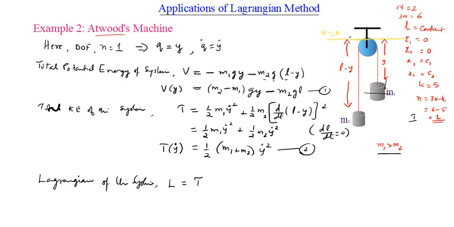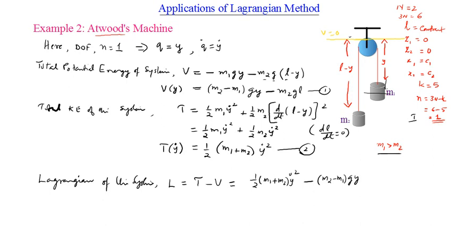T minus V. So it is equal to simply, just a matter of substitution, half times (m1 plus m2) y dot square, minus that first equation, which is (m2 minus m1) g y.